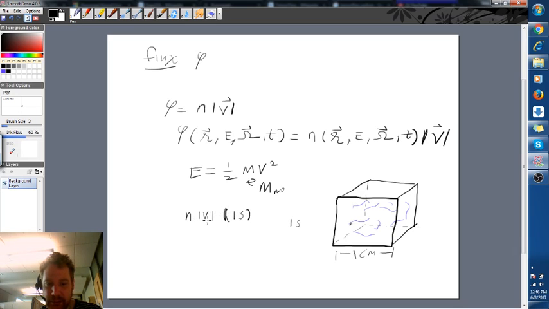So that's the path length generated times the number of neutrons generating that path equals the total path length. Okay, so that's the interpretation of the flux.